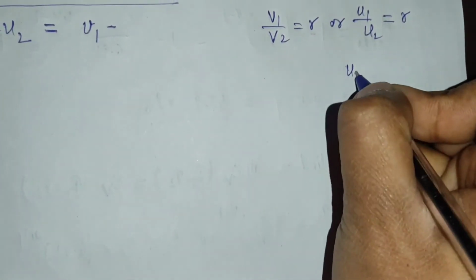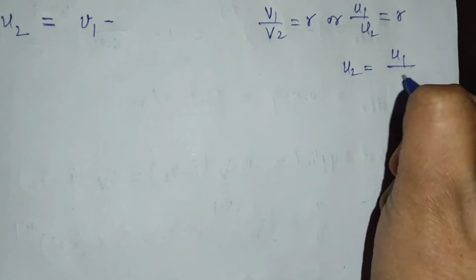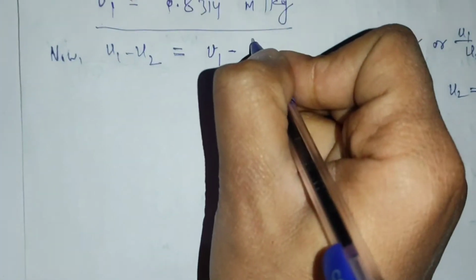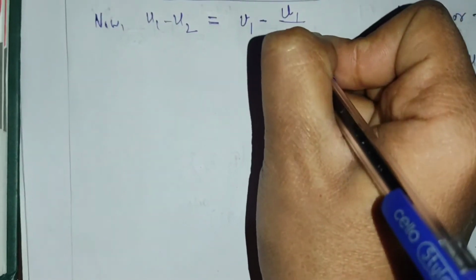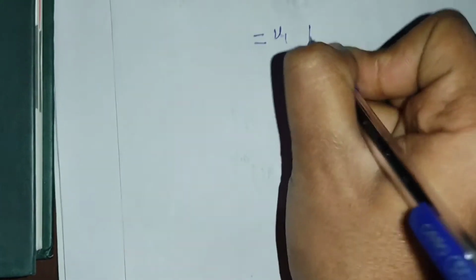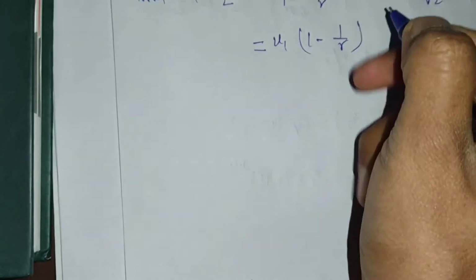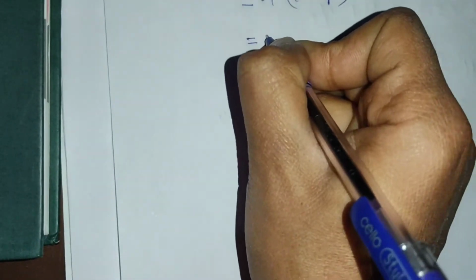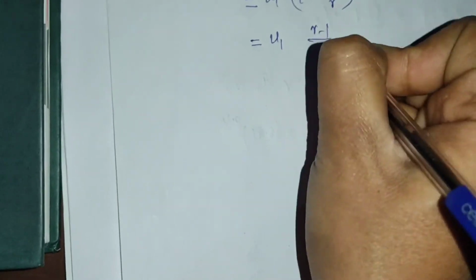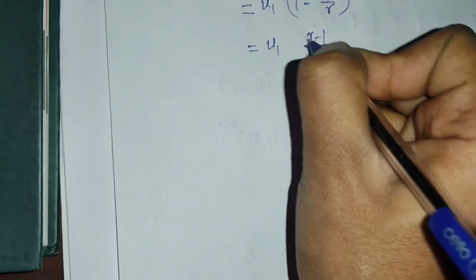So v2 will be equal to v1 upon compression ratio, so this will be v1 into 1 minus 1 upon r, or v1 into r minus 1 upon r.